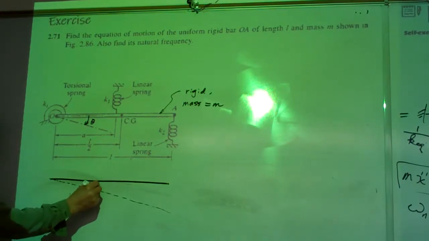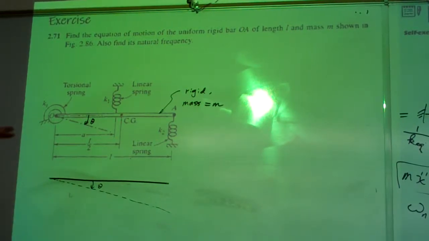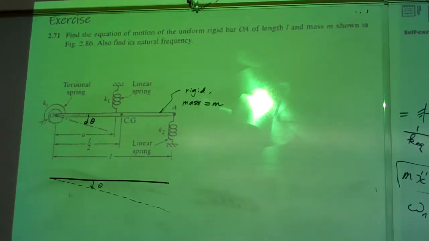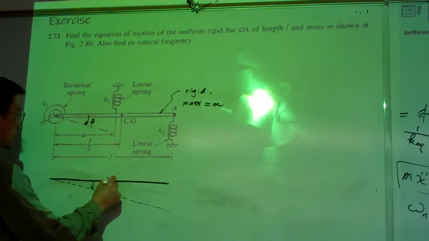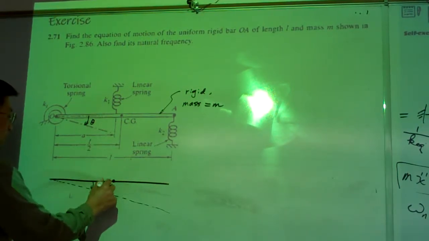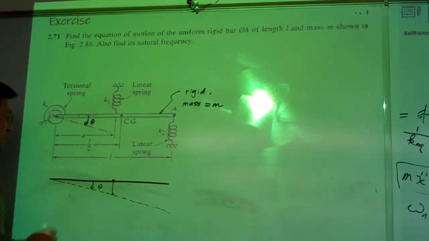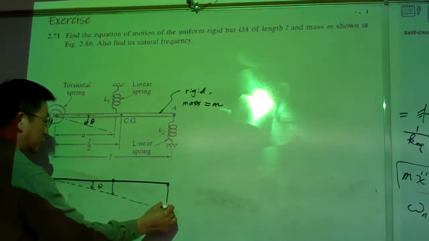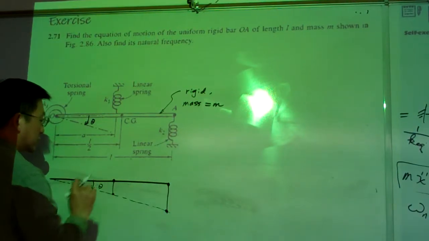So this is doing a little tilting by angle theta, and in linear vibrations, we assume theta is small. That means the spring moved to here, so that is the displacement of the spring, and also there's a displacement of the spring here. So we need to determine the two sides.